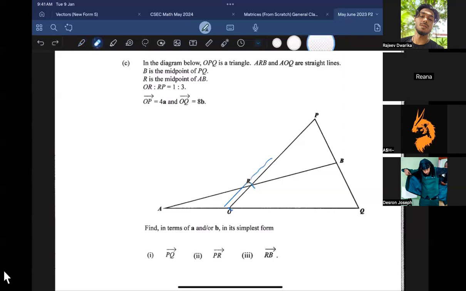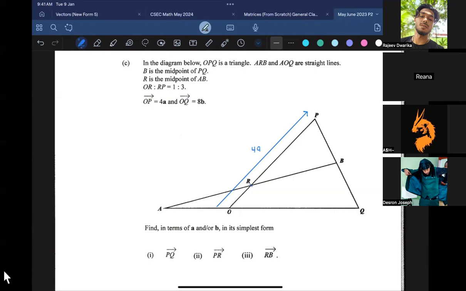Cool. So let me see what we could figure out. They're saying that OP is 4a, right? So I'm going from O to P, that's 4a. And Sasha, they're saying that OR to RP is 1 to 3. It's a 1 to 3 ratio.